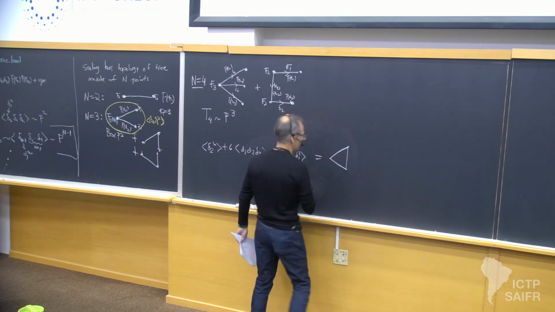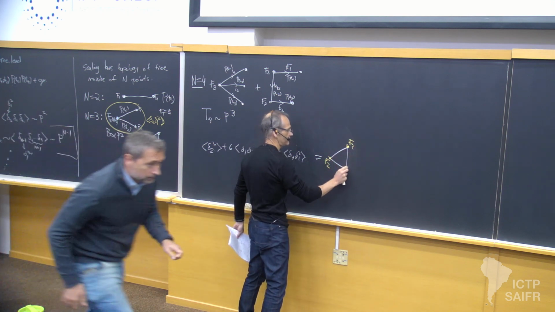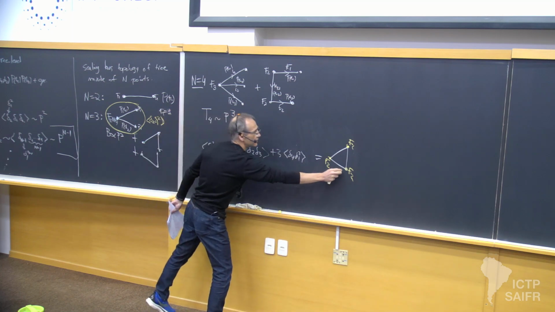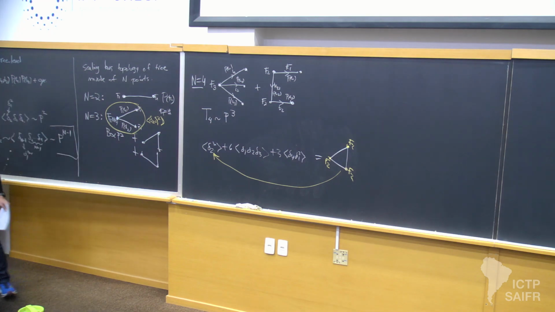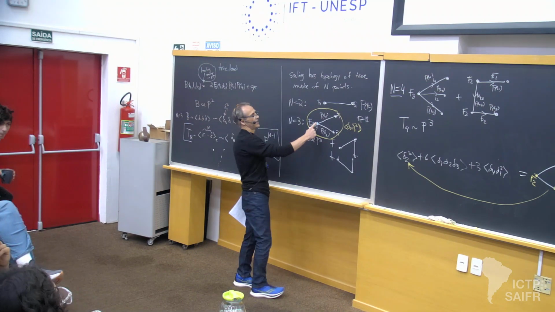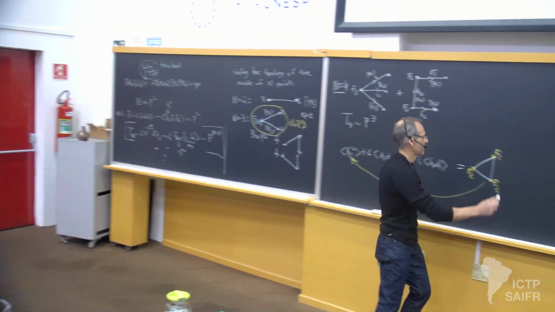Because each vertex now is an F2 kernel. So that diagram represents this term. Does that make sense? Okay. Then I can add the link instead of adding it here, I can also add it here. So this will be a diagram that will look like this.